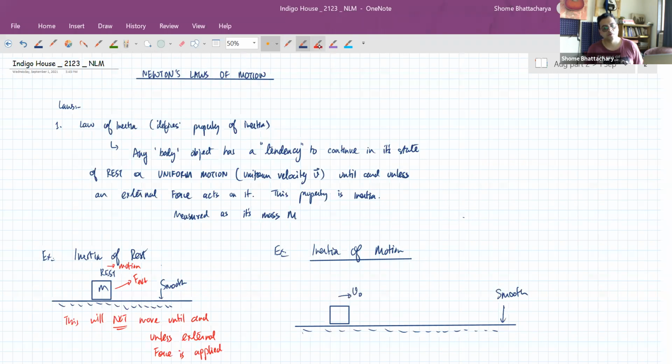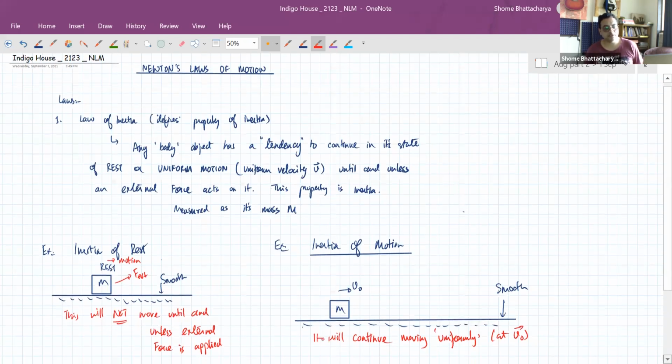So if it's moving with a velocity v0, it will continue moving uniformly at velocity v0 until and unless some external force acts on it. So that is the inertia of a moving object. So you can say it's inertia of motion.